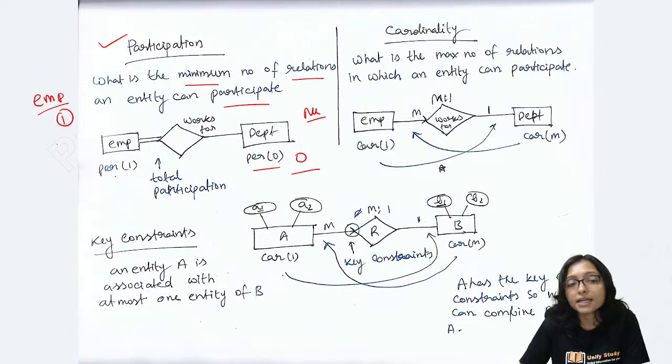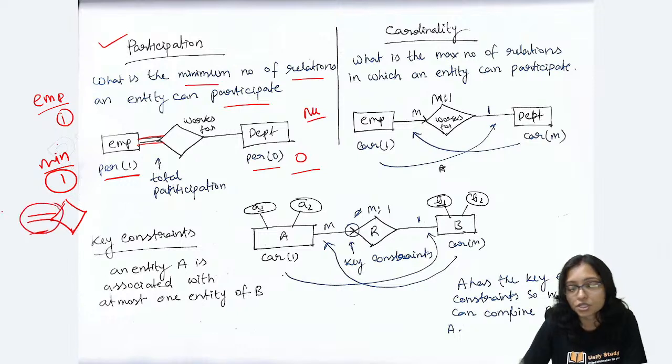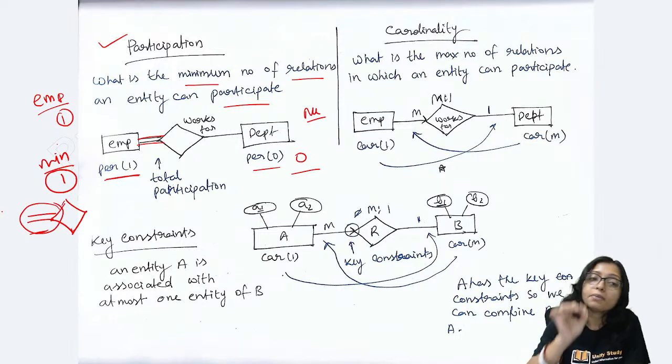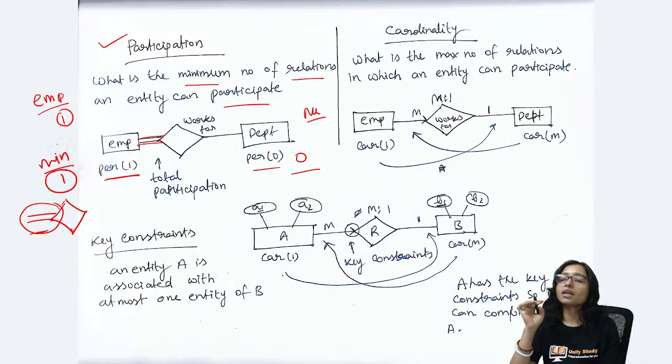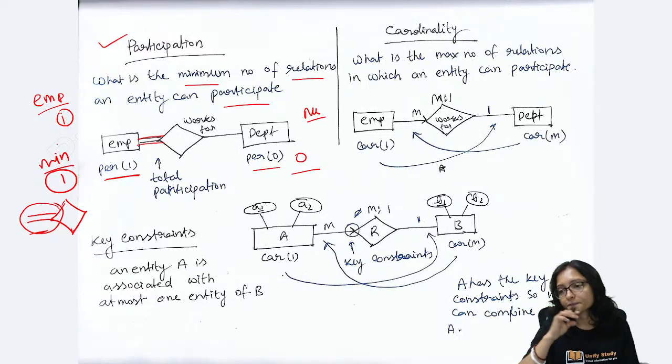When the participation is at least 1, meaning the minimum is at least 1, that is called total participation, and we are representing the total participation with a double line. This double line is the meaning of total participation, meaning at least 1 participation is there.